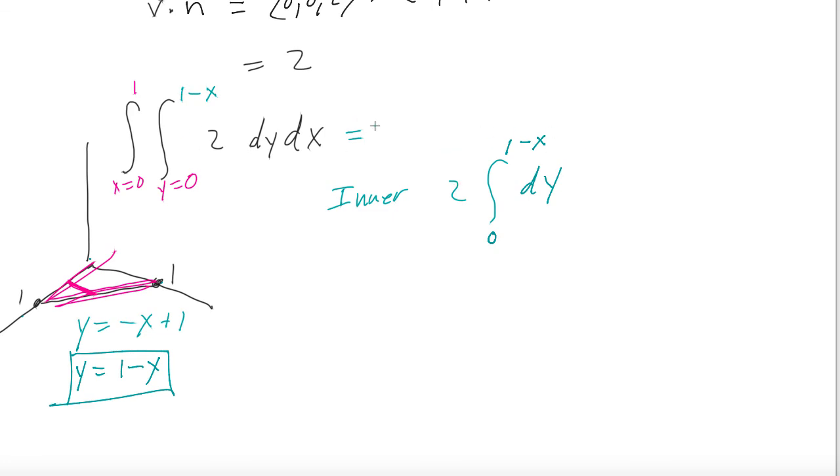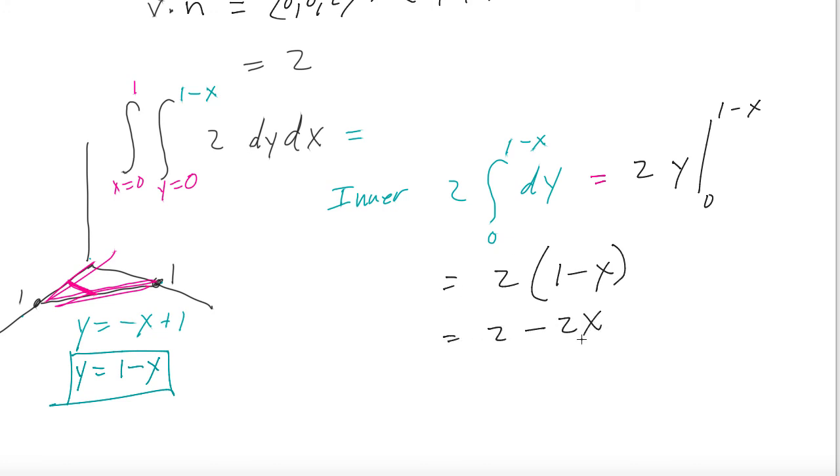I already talked about that. So that's just going to be y, so it's 2y from 0 to 1 minus x, which gives us 2 times 1 minus x minus 0, and that gives us 2 minus 2x.